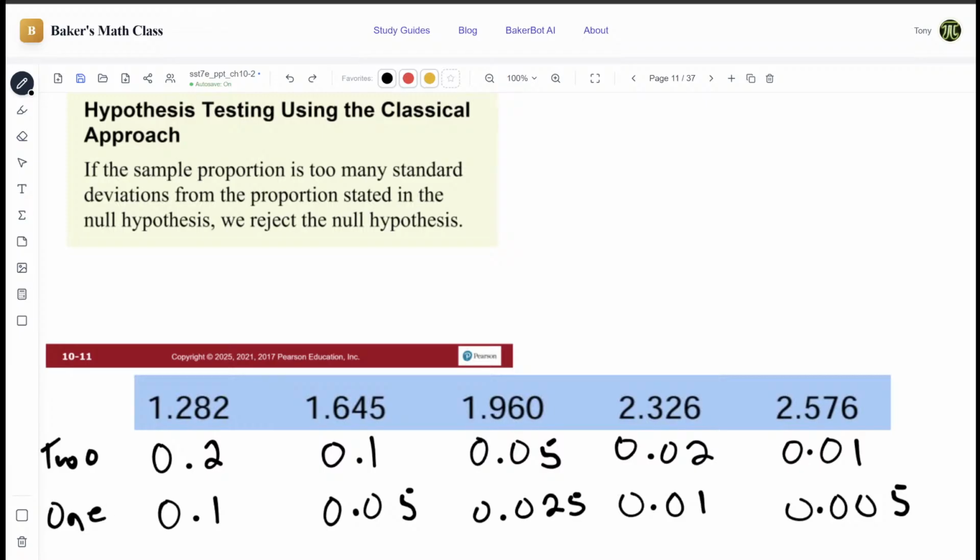All right. So those are the z-scores. And then those are the percentages you're looking at for two tails or one tails. So remember, the two tails is on both directions. So if we're only looking for one direction, it moves it down a little bit.